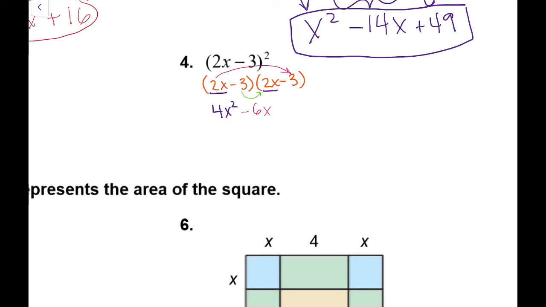Our inside terms would be negative 3 times 2x, another negative 6x, and our last terms would be negative 3 times negative 3 is positive 9. We combine the middle two terms together, negative 6x minus 6x gives us negative 12x. We bring down the 4x squared and the 9, and our answer is 4x squared minus 12x plus 9.